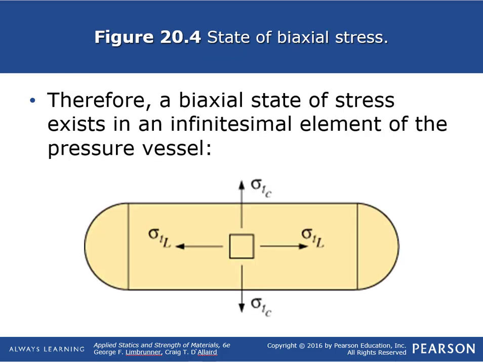Therefore, in a pressure vessel we have a biaxial state of stress. If we look at an infinitesimal element of the pressure vessel, we have sigma C, our circumferential or hoop stress, and sigma T, our longitudinal stress. So we have a biaxial state.